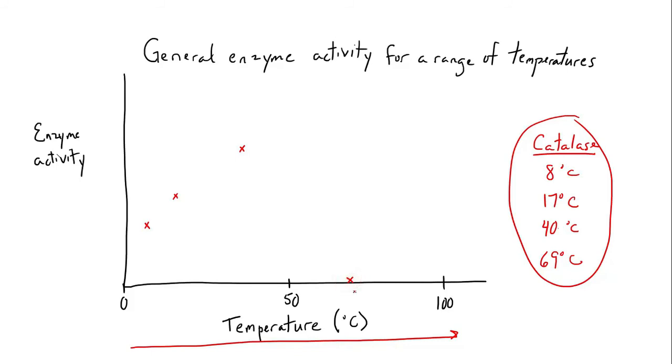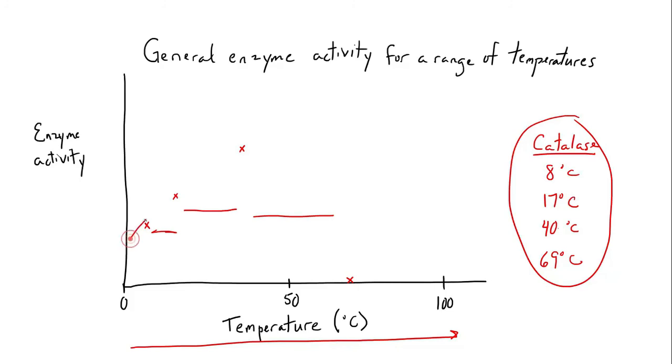nothing. So notice how this is spread out, that there's a little more space between these two than there is these two, and a lot more space over here. So this gives us a truer sense of how these enzymes react at different temperatures.